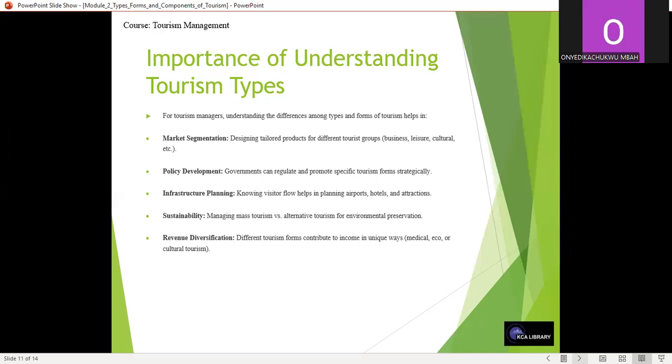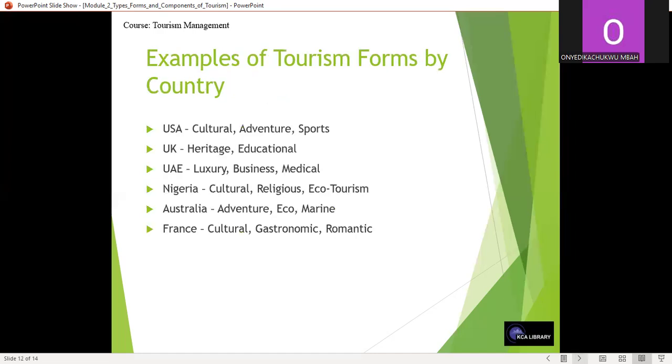So these are the reasons why it is important to understand the different tourism types.